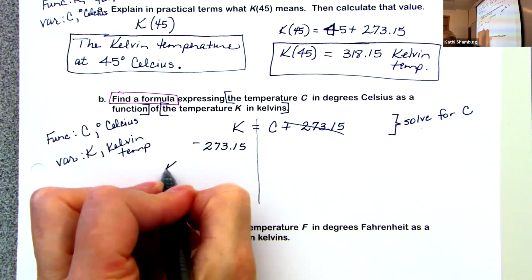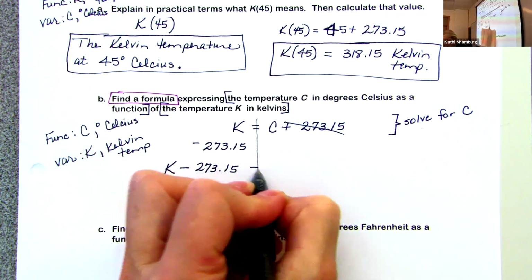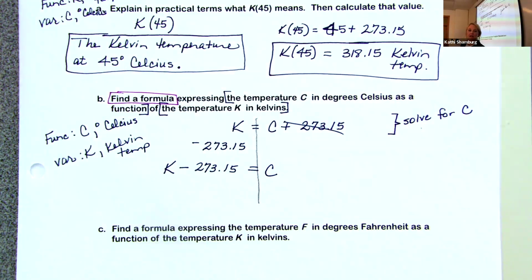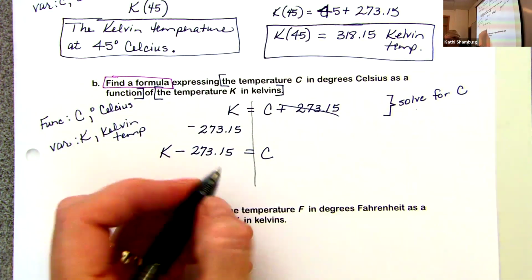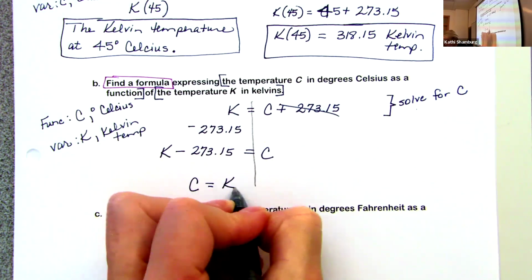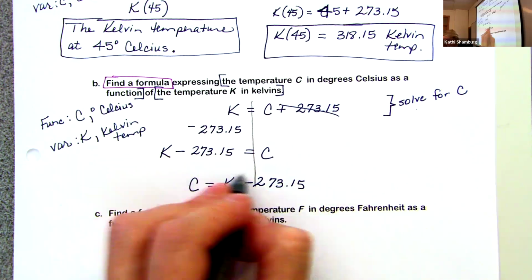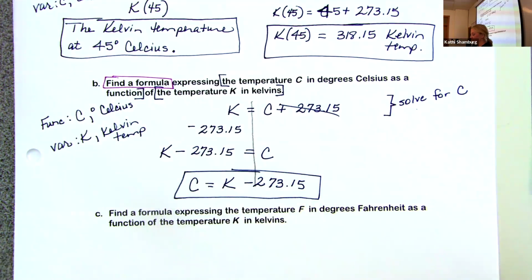So we have K minus 273.15 equals C. And if you put a box around that as your final answer, I would give it as correct. But since when we talk about functions, we typically put the function letter first, I'm going to rewrite it as C equals K minus 273.15. Now I have it, function C, variable K. And that's what it asked me to do.